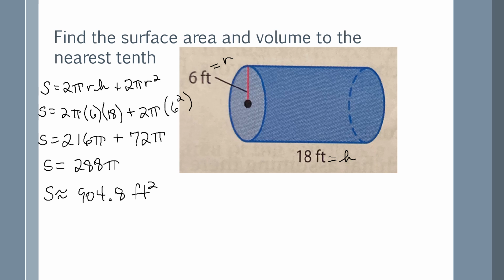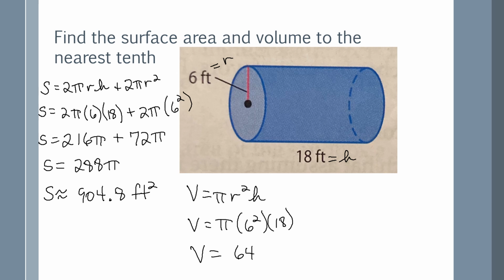Now, our formula for volume is a little less involved. The volume equals pi r squared times the height. So the volume is equal to pi times 6 squared times 18. 6 squared is 36, so 36 times 18, and I end up with 648 pi.